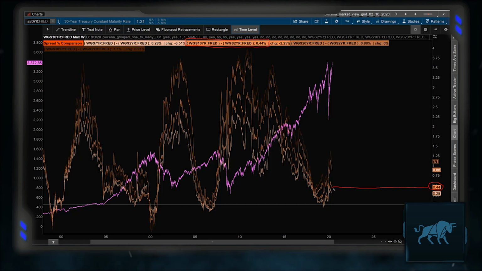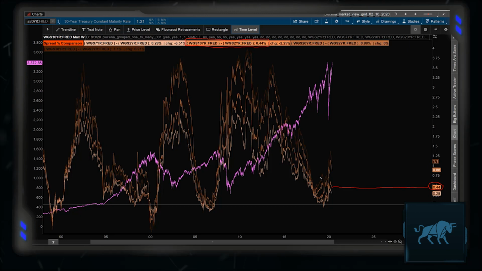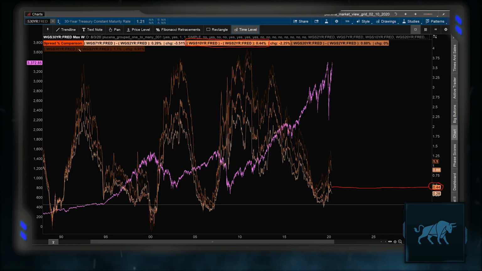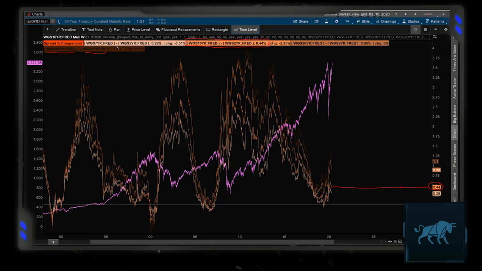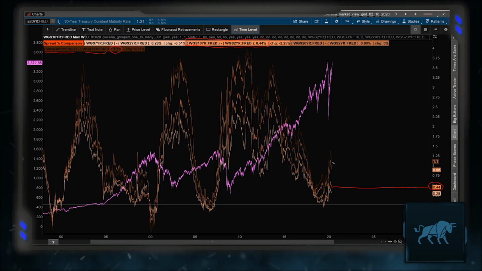So we know that this particular line that I just pointed towards is the 2s, 10s, the 2-year versus the 10-year treasury. Likewise, we have in darker brown the 2-year treasury versus the 30-year treasury bond. That is currently yielding 1.1% and is the top dark brown line up here.